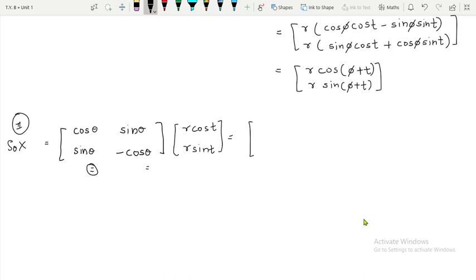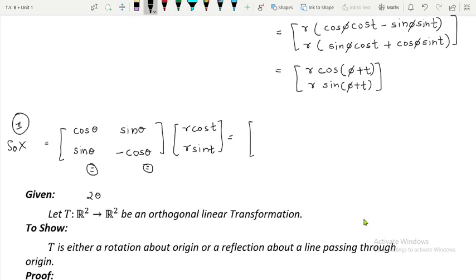Whatever theory we have discussed, there we were having 2 theta, so that was a reflection about a line passing through origin making an angle theta with positive x-axis. But in this case it is reflection about a line passing through origin making an angle theta by 2, because I have replaced 2 theta by theta. I hope you are getting my point.